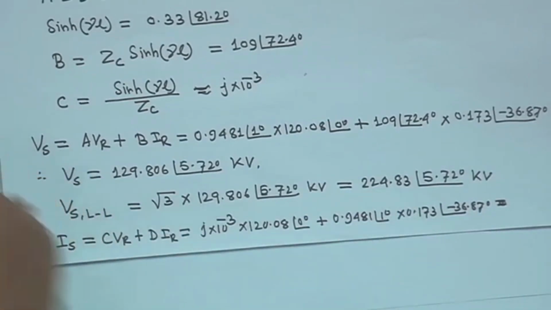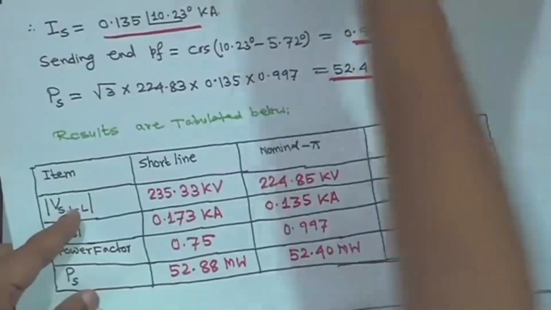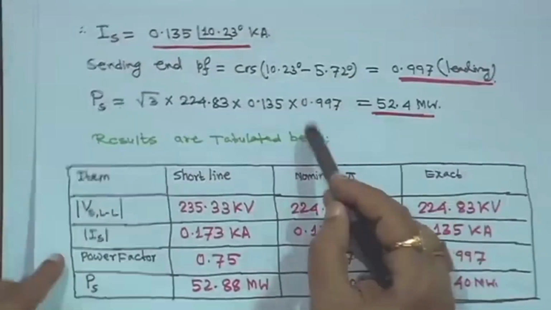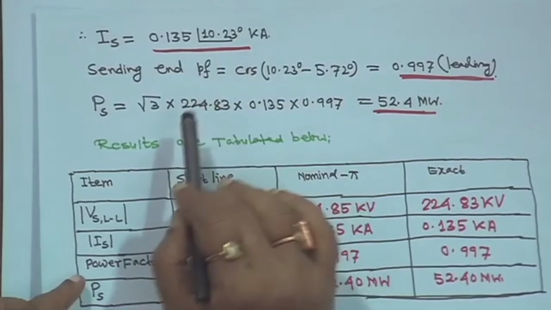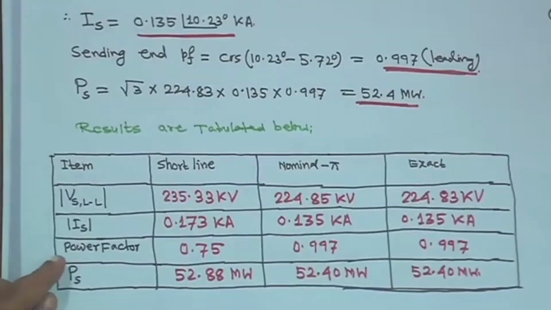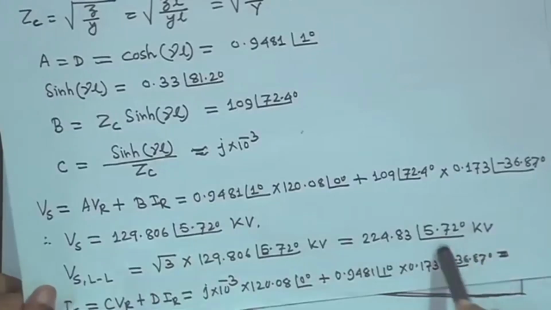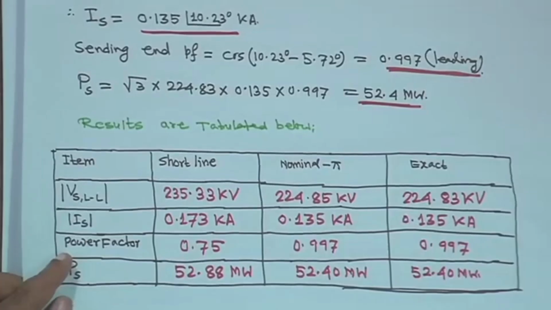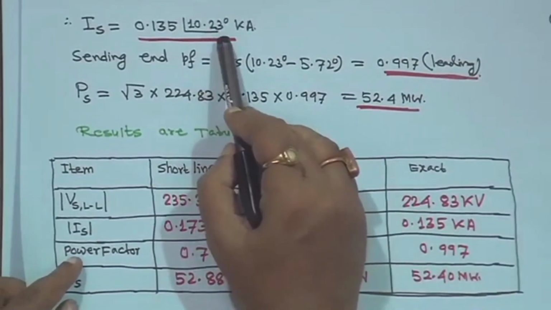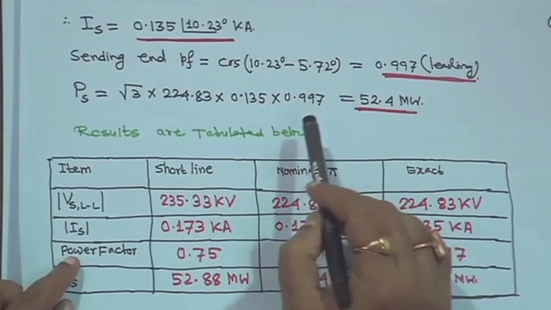So, in that case if you compute using your calculator, you will get Is is equal to 0.135 angle 10.23 degree kilo ampere, and in this case also Vs angle is 5.72 degree, and current is 10.23 degree from the reference line, same as before.